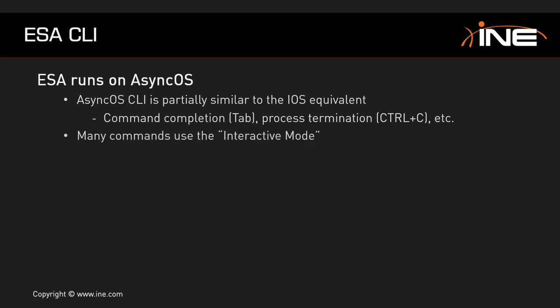What is going to be different is that most of the configuration commands will take the so-called interactive mode approach. The actual config is going to be provided by answering a series of questions, or at least by selecting individual settings using digits, where each digit is going to correspond to one of the specific menu options.